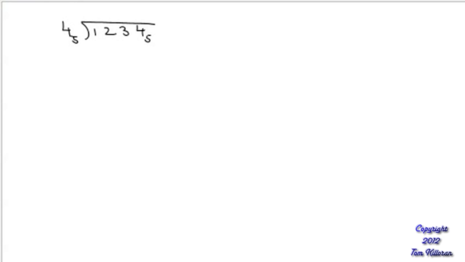Let's see what happens. Now be careful. This is not 4 goes into 12. This is not 12 because we're not in base 10. So you have to kind of come over here and do your multiplication facts, 4 base 5.